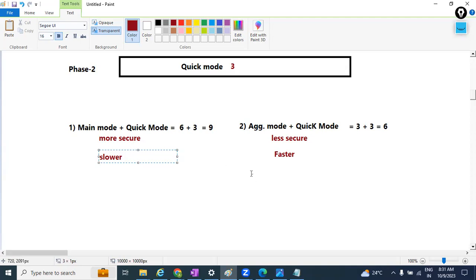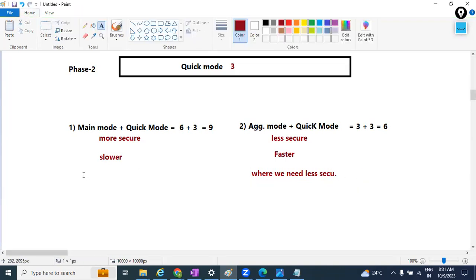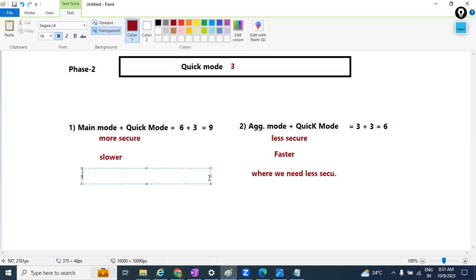So this is the combination where we need less security, and the other is where we need more.